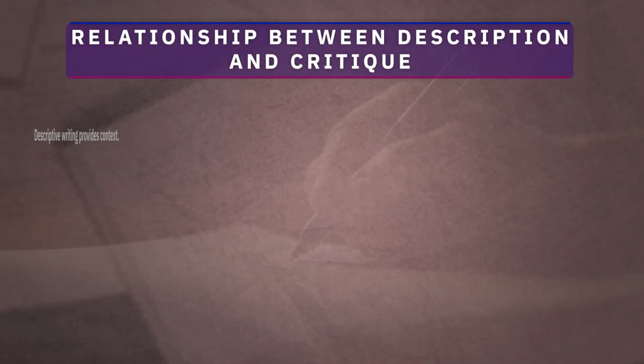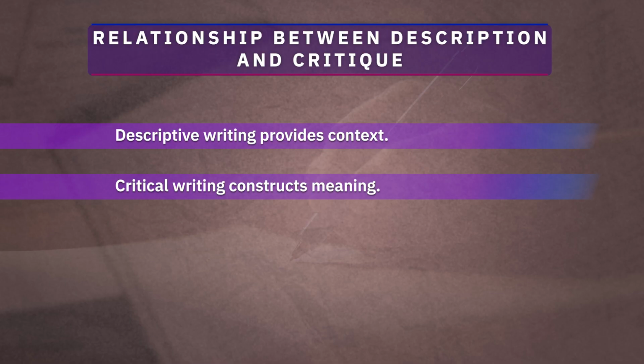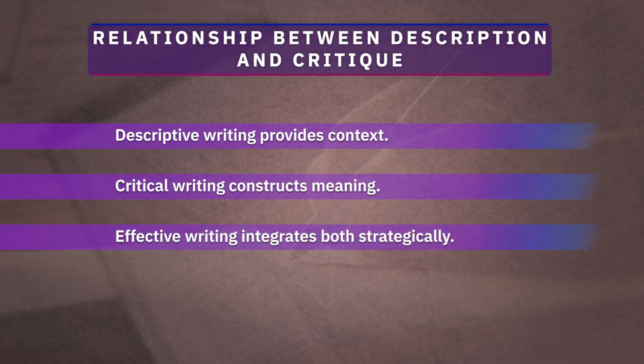So therefore, descriptive and critical writing have a close relationship with one another. While descriptive writing provides context, critical writing constructs meaning. And an effective mode of writing will integrate both descriptive and critical writing strategically.